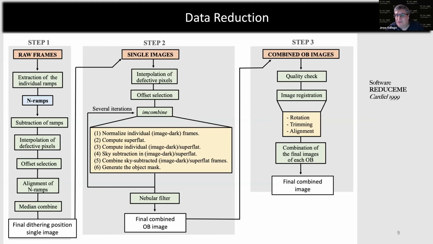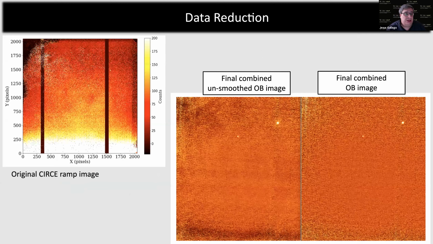And the third and final step would produce a final single combined image as a result of the 18 hours exposure time. You can see here in the panel on the left, one of the original CIRCE ramp images. The behavior is the typical of near-infrared images. And then on the right, we already see the first results of the first steps of the data reduction.